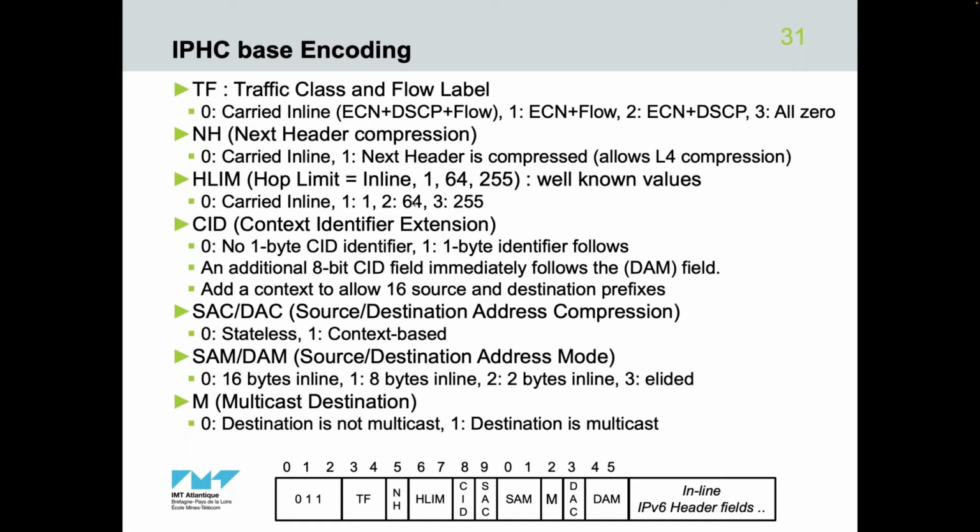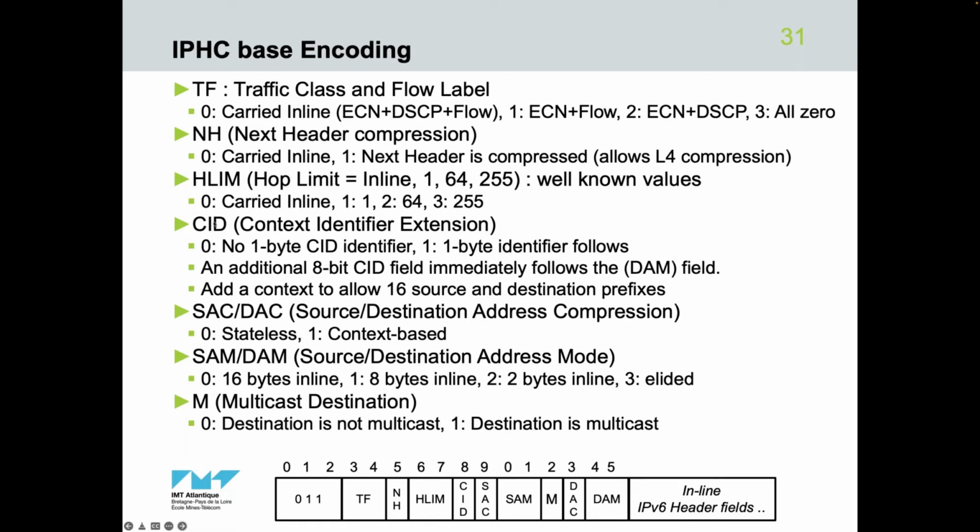Once again, we have compression efficiency if and only if the transmitter is using either 1, 64, or 255 values. If not, then we have 00, and this information must be carried in line.